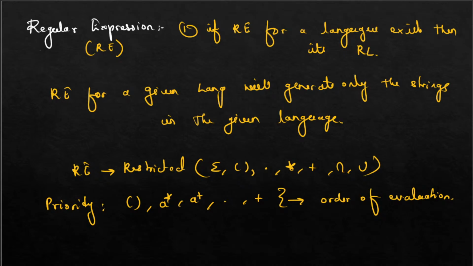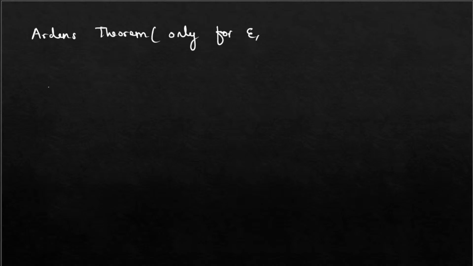Now let's understand what is Arden's theorem. One thing you should note is that this is only for an epsilon-free finite state machine. Okay. So the expression for this is R equals Q plus RP, R equals QP star, like this.